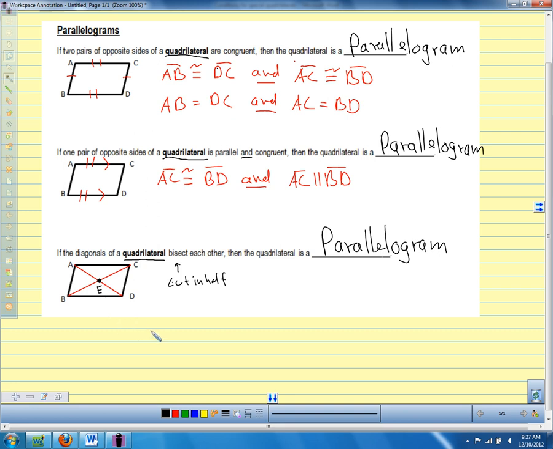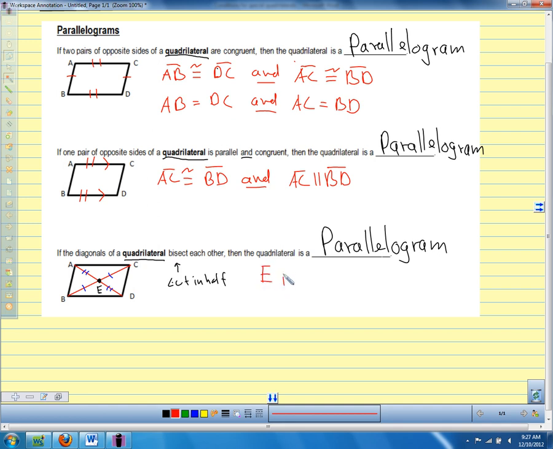So there are several ways that we could show this on our figure, or if it was written out. Our diagonals could be marked like this. So E is right in the middle of both diagonals. If we wrote it out in words, we could say it several ways.